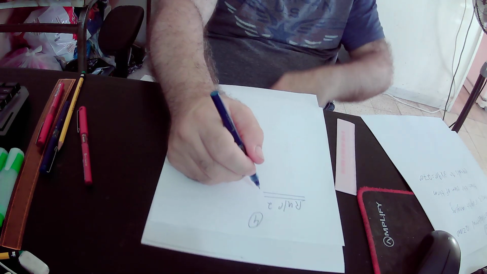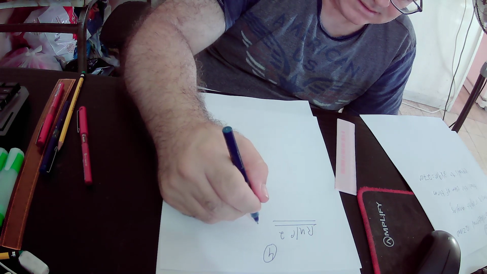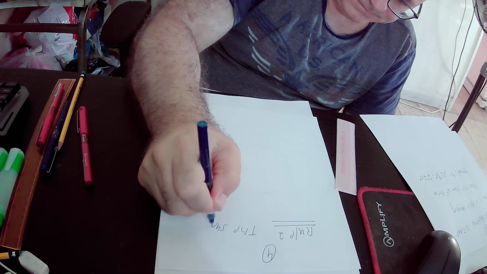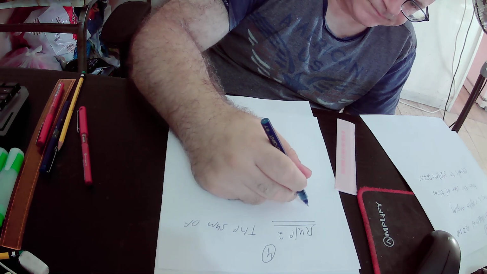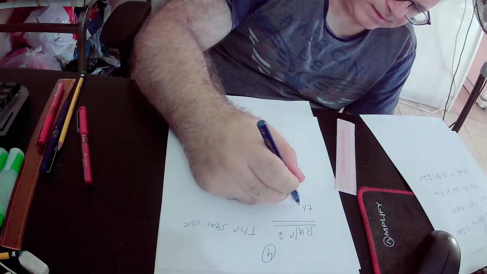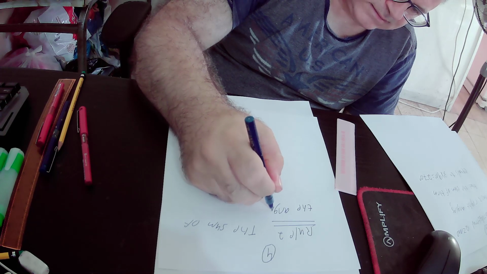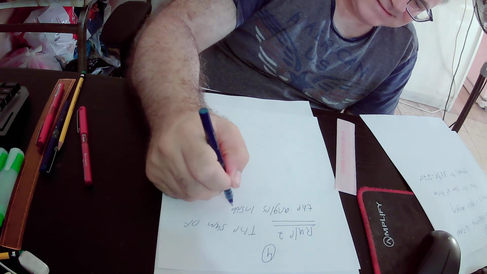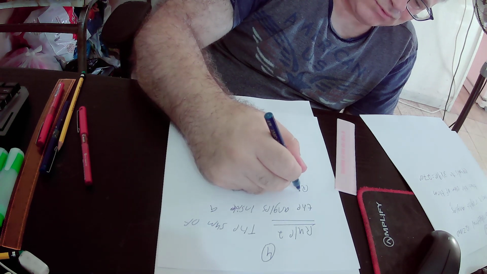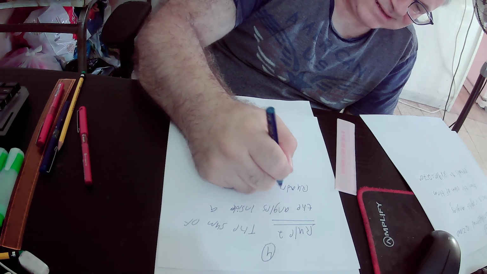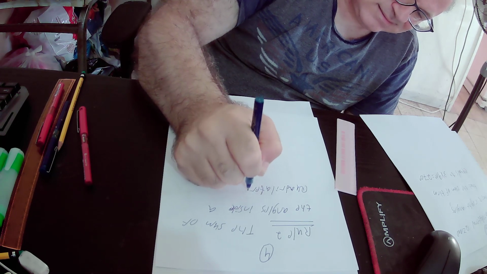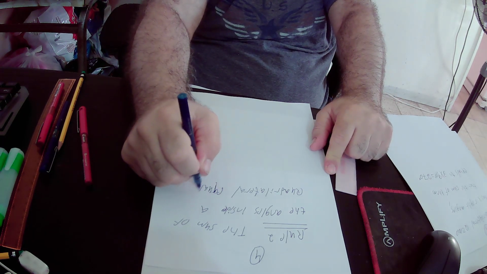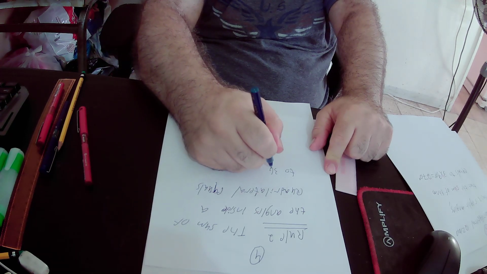Okay, this rule number 2 states that the sum of the angles inside a quadrilateral equals 360 degrees.